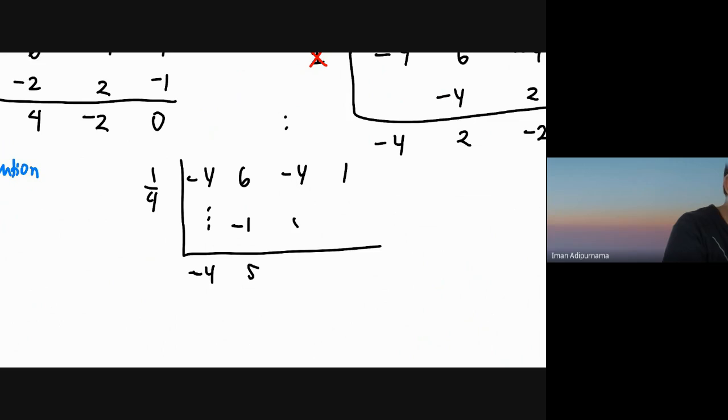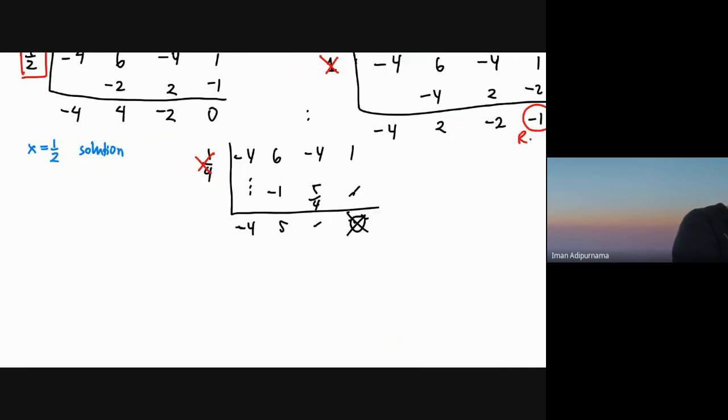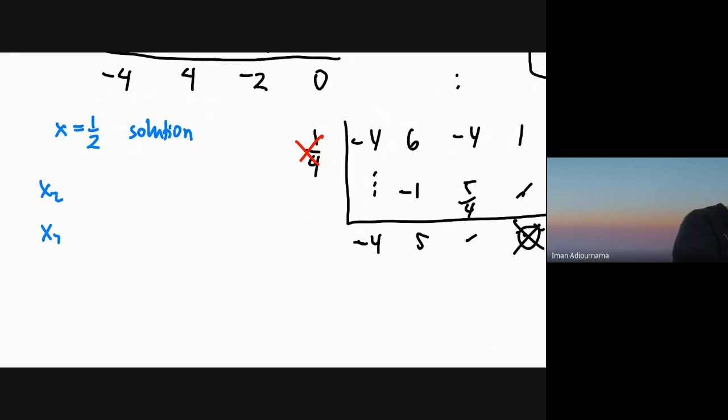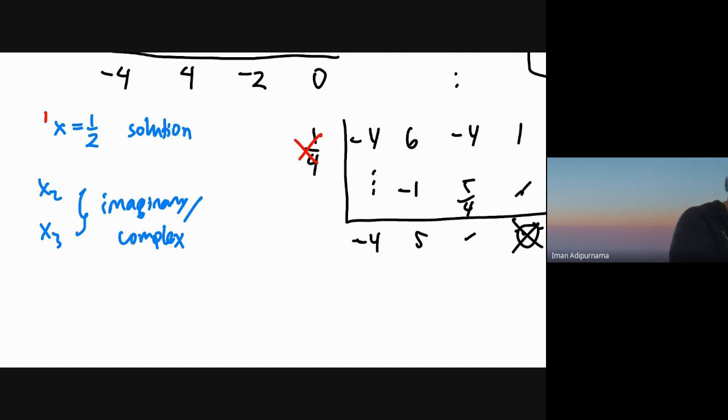This will be impossible, and I think this will not result in any 0 here, right? So this will also be impossible. So the other two solutions, x2, x3, probably will be imaginary or complex solutions. But that's not our problem in this question. Our problem is we just need to find at least one x that makes the function equal 0. And we can conclude that this x here, x equal half, is our inflection point.